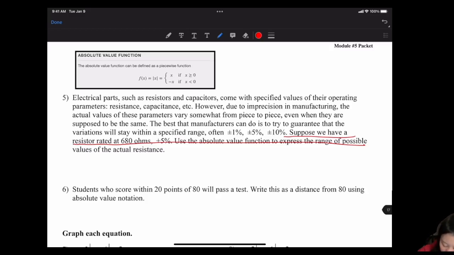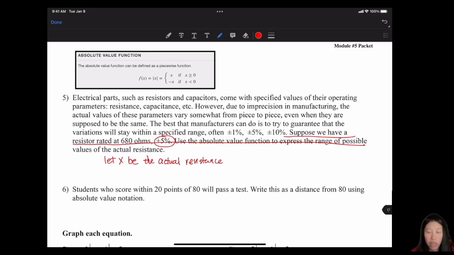So let's say it has to be within positive or negative 5%, right? Otherwise, you will be over it. So let X be the actual resistance of the resistor.